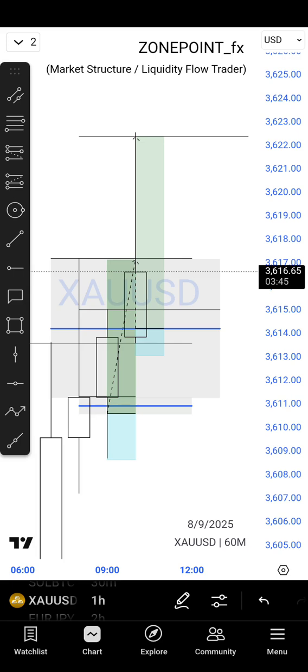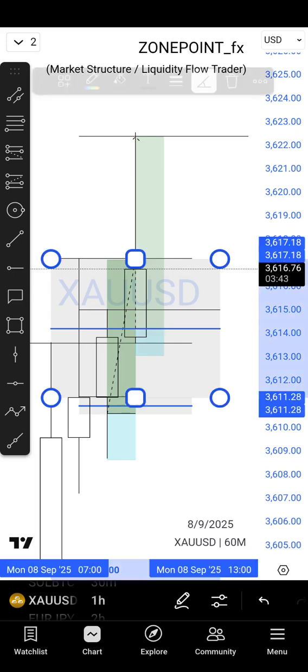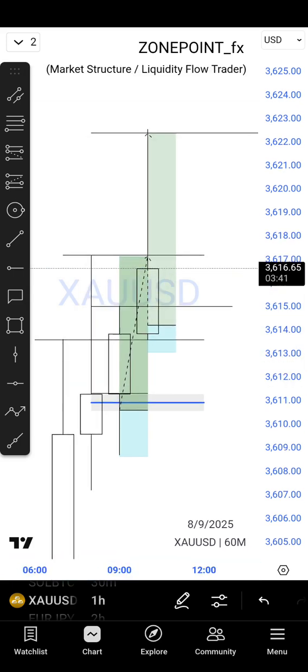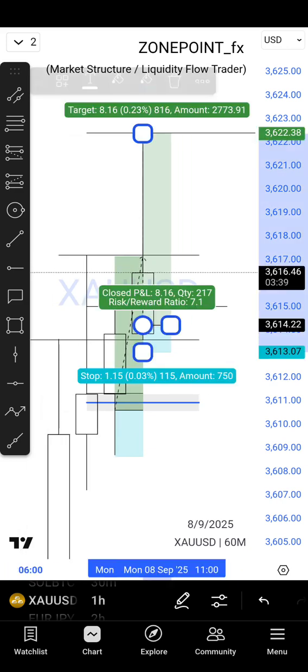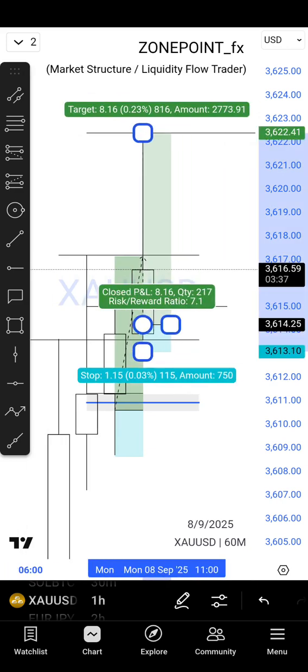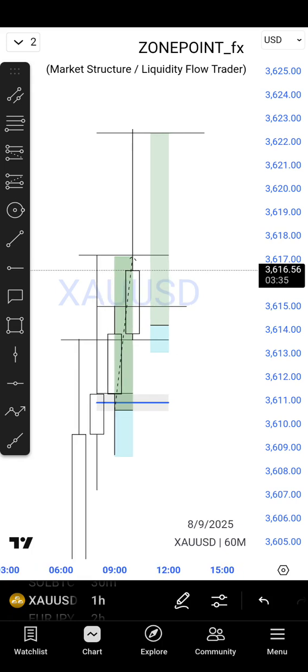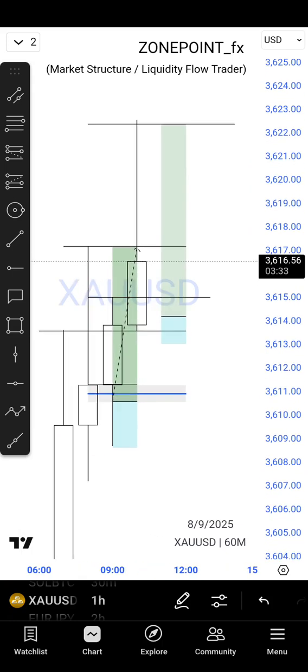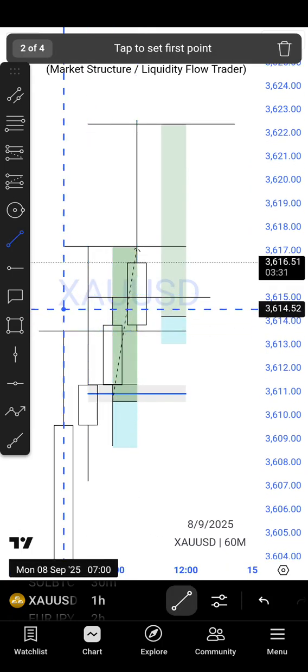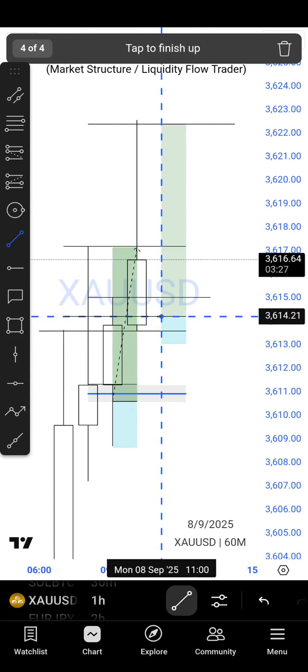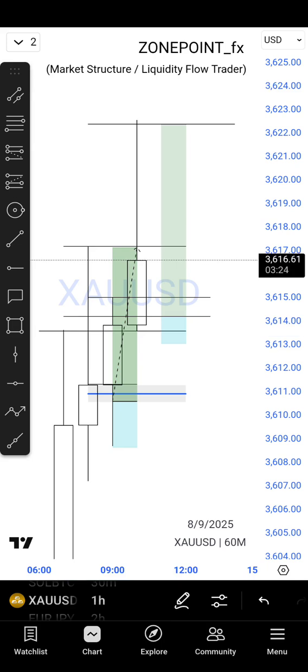So what are we expecting? Let me delete this. We're expecting a new price that will form from this area.